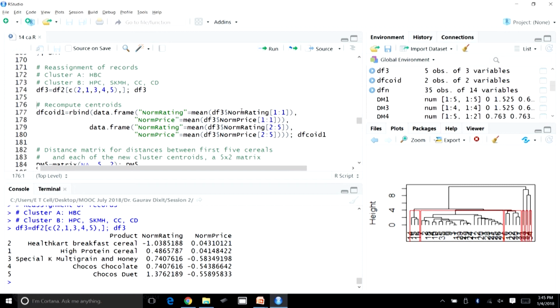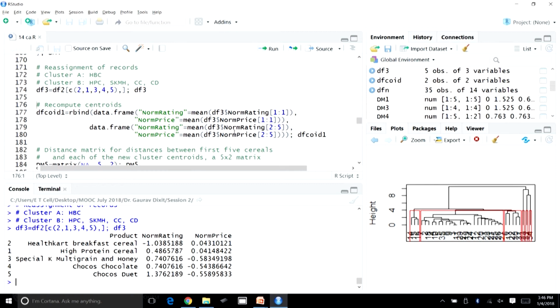So the mean values that we have to compute for each of the variables are from just one observation. Therefore, the mean value is also going to be the value of that observation. So the centroid for cluster A is going to be that single observation itself, but the centroid for cluster B is now going to be slightly different.